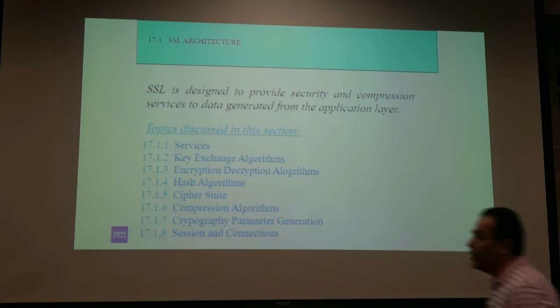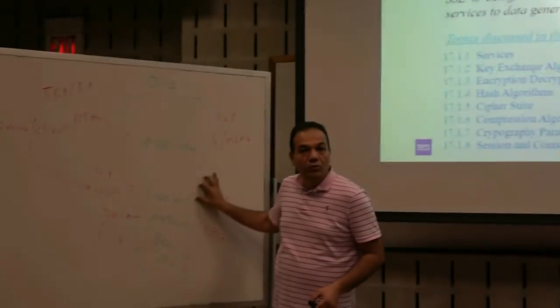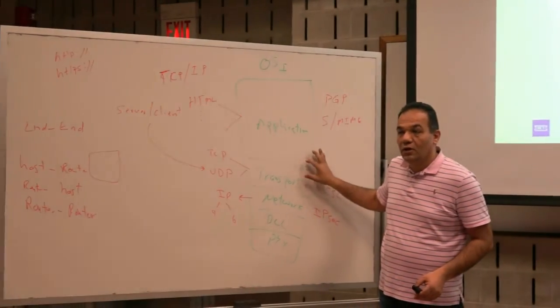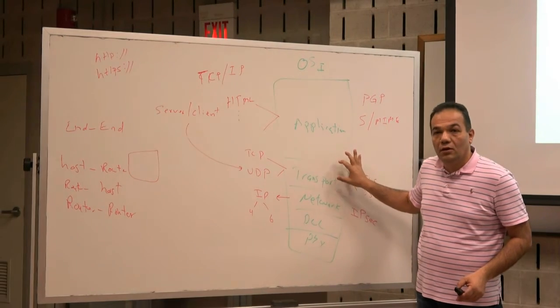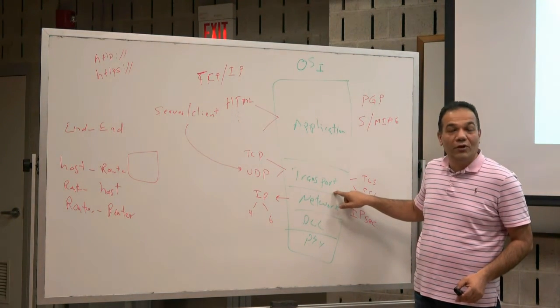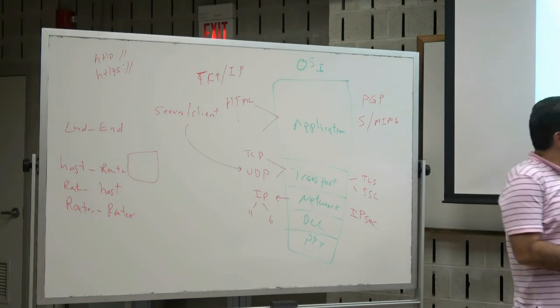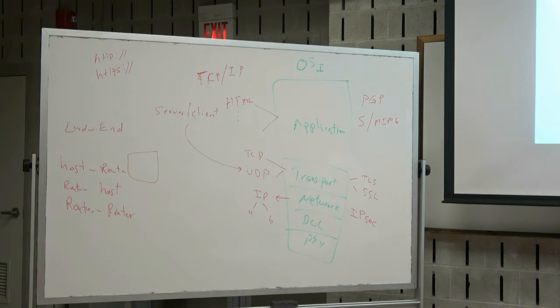So we have the data from the application layer, and before it goes to the transport layer, in between we're going to compress it, encrypt it, create authentication, and then it goes really secure to the transport layer. So we're just adding a step function in between.